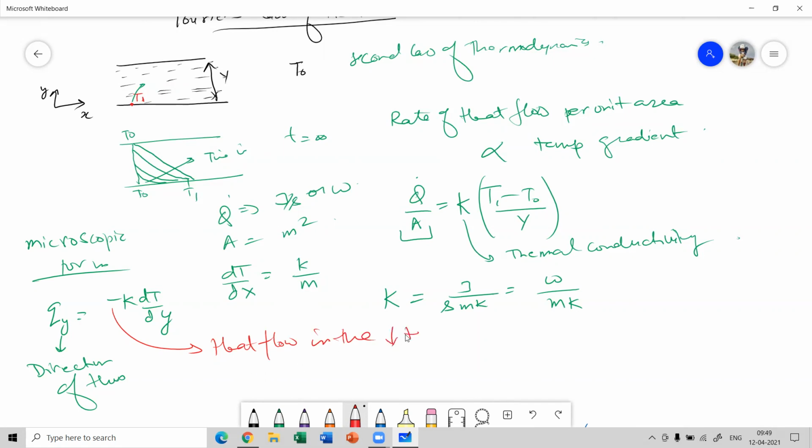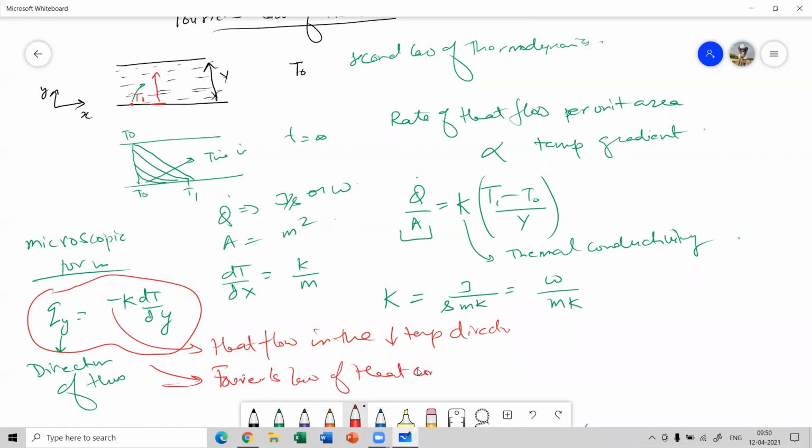That is, over here the temperature is high, and as we move in the up direction there is a decrease in temperature. So heat flows in the decreasing temperature direction. So Qy is minus k dT by dy. Clear? This is what Fourier's law of heat conduction is.